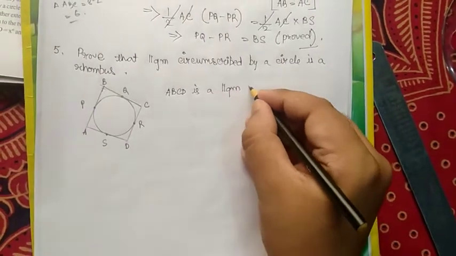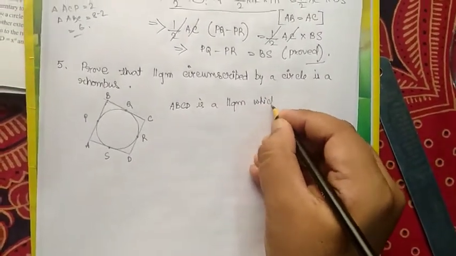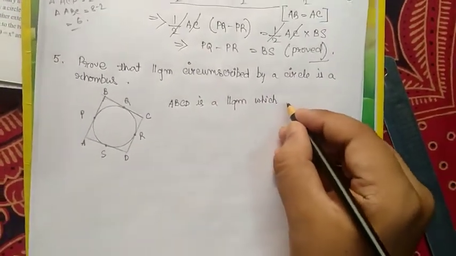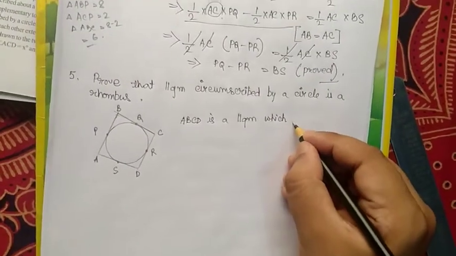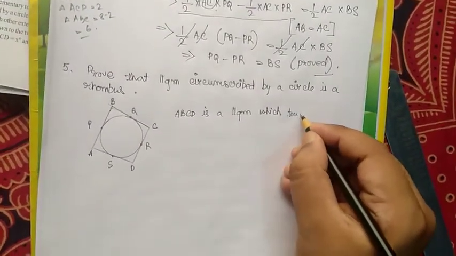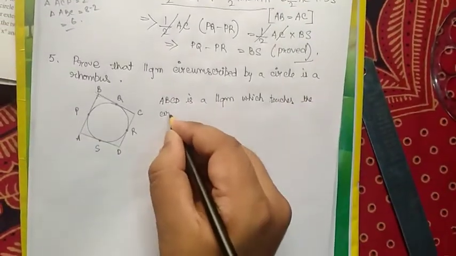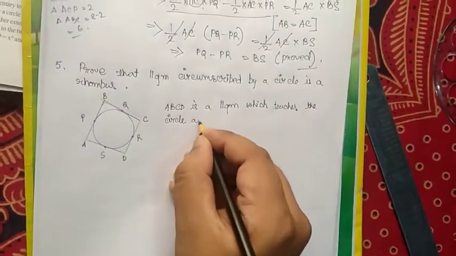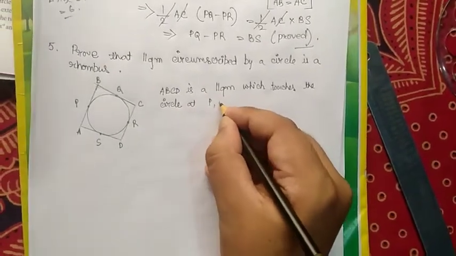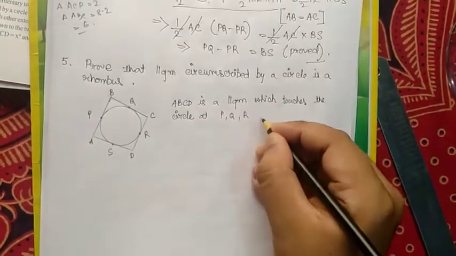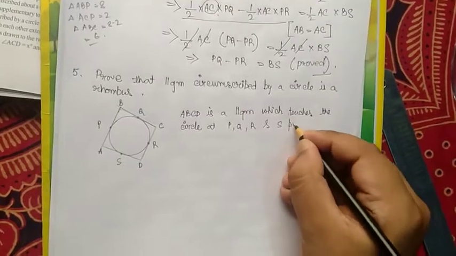which touches the circle at P, Q, R and S points.